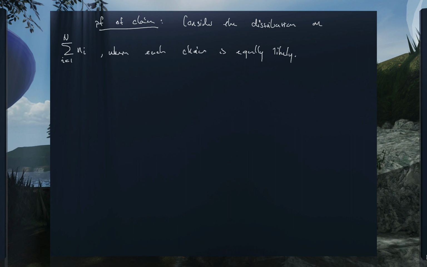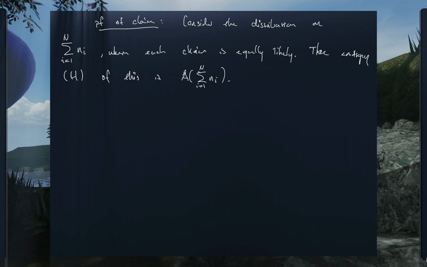Okay. The entropy, I guess I haven't called it that, but H of this distribution is the entropy, i.e. H of this is by definition this thing. Great.